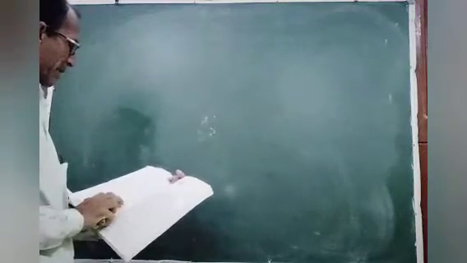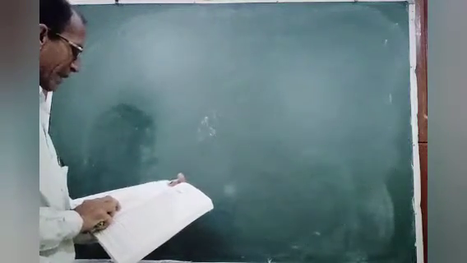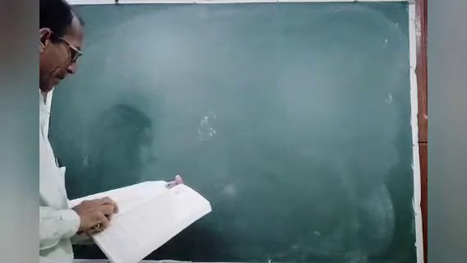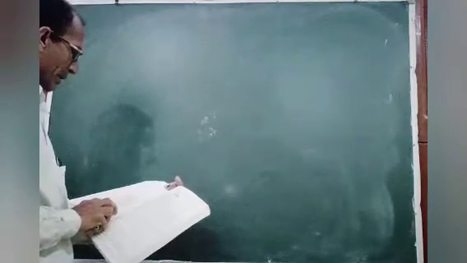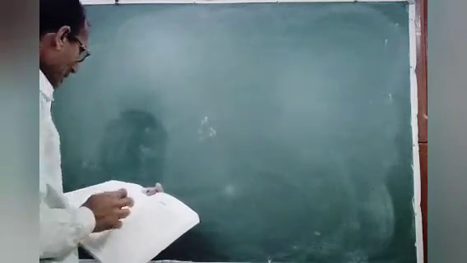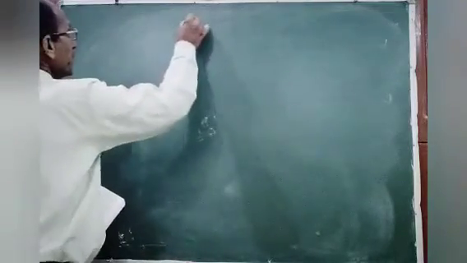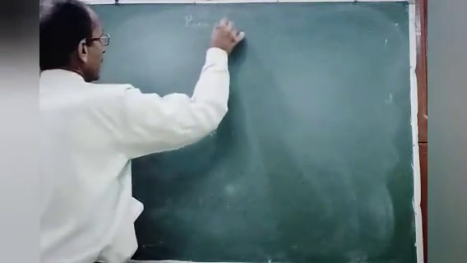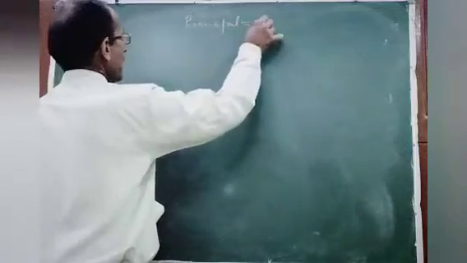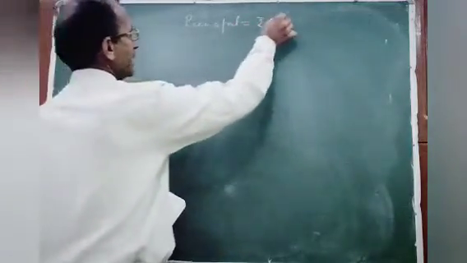Ramesh borrowed rupees 7,000 from a bank for 1 year at the rate of 10% per annum. The interest to be paid after 1 year. Very simple. So principal is rupees 7,000.